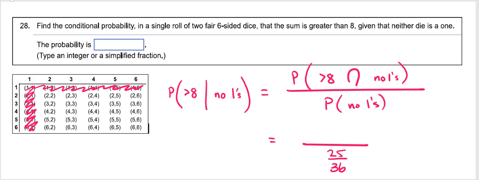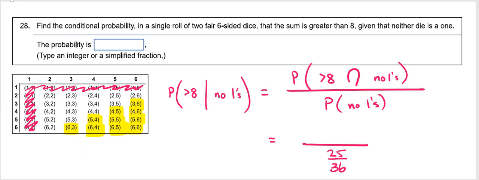Okay, for the numerator, the sum has to be greater than 8 and no 1s. So I've already scratched out all the 1s. Of those remaining 25, which ones have a sum greater than 8? So that'd be a sum of 9, 10, 11, or 12, correct?